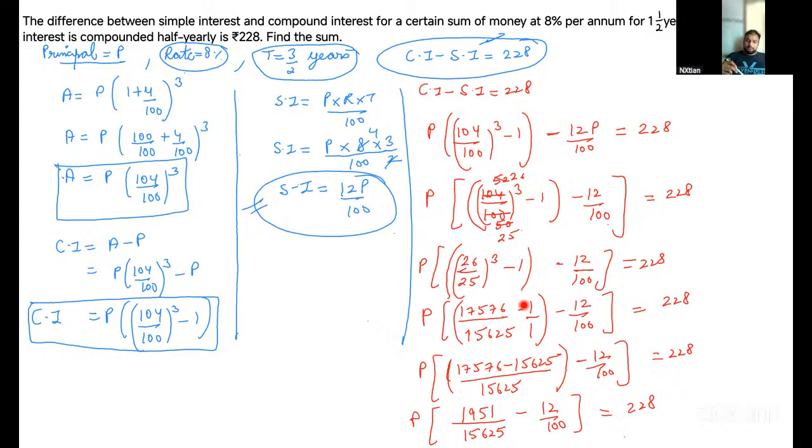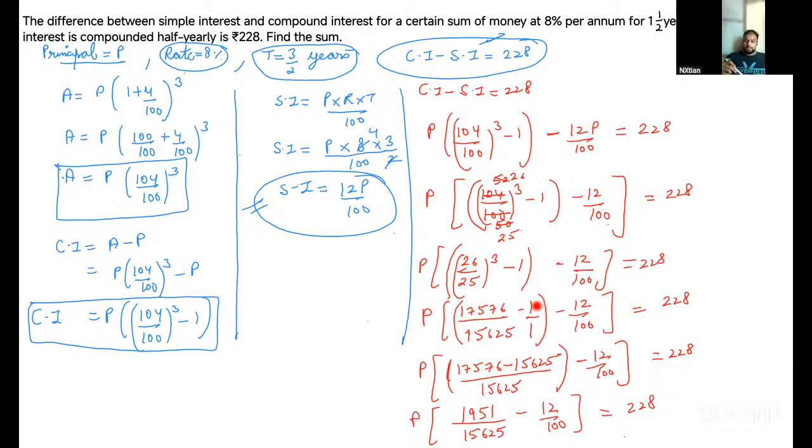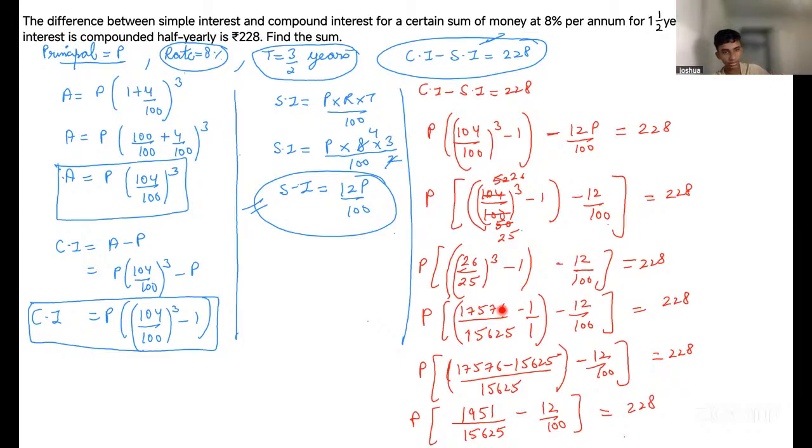Because 15625 will multiply with both numerator and denominator of the second fraction to make the denominator the same. Basically, it's called cross multiplication. This will multiply with this and this. This will multiply with this and this. So 1 into this is the same. That is one. So it's the same like 100 plus 4, 100, same. Good. Nothing different.